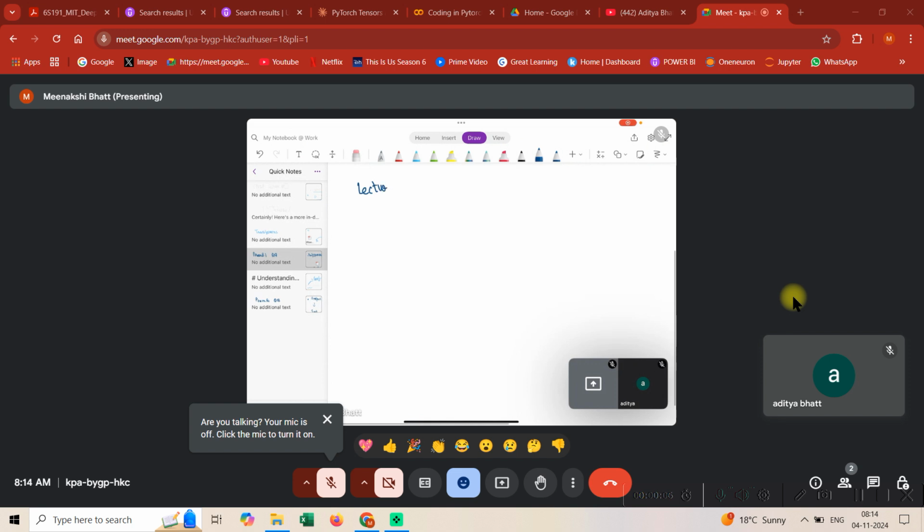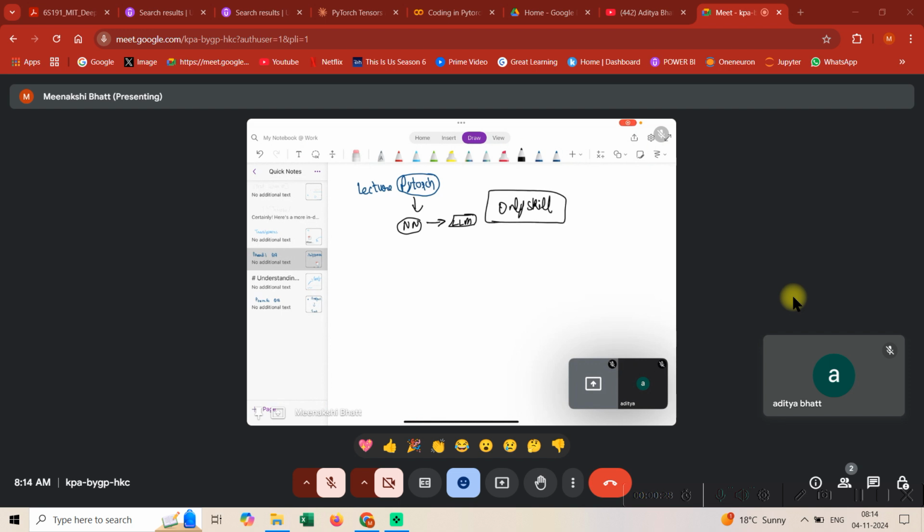This is a new series for PyTorch, and the main idea is that I do believe that specifically PyTorch and neural networks, mainly in the form of LLMs, would be the only skill that would be needed in the future. I don't see a lot of you doing manual, repetitive tasks, because all of it would get updated.